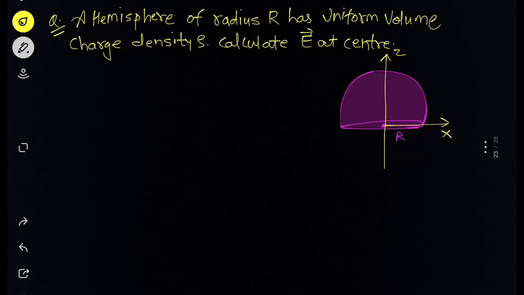So let me just take now any element anywhere, because here we have charges spread all over the sphere. So we'll take this small charge here. Let's consider this small charge at distance small r.